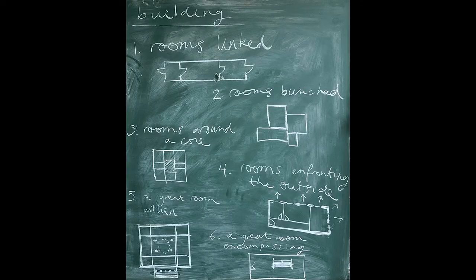So once again, for floor plans, 6 categories: rooms linked, rooms bunched, rooms around the core, rooms confronting the outside, a great room within, and number 6, a great room encompassing. So here's the same.